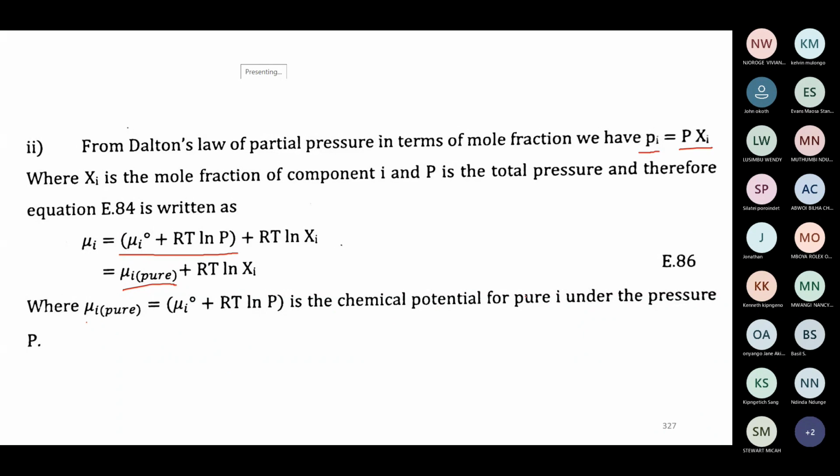This is the chemical potential of pure component i under the pressure P. This might seem a bit stretched, but when you get time and look at it, you'll be able to follow how we have arrived at all these expressions.